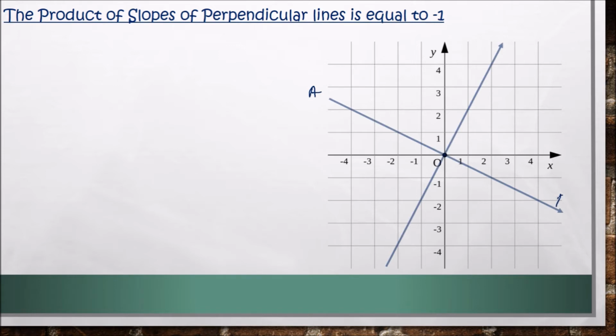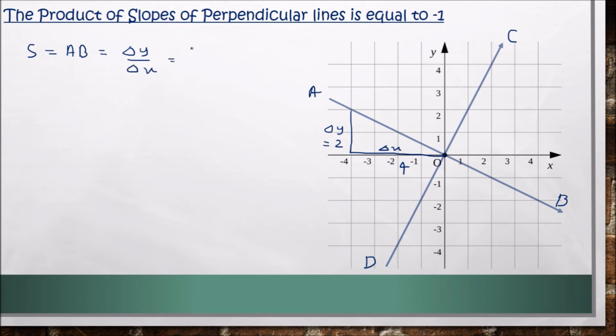So our line AB and our line CD. The slope of line AB will be change in y divided by change in x, where change in y is 2 and change in x is 4. So let's find out the slope of line AB. The slope of line AB will be change in y divided by change in x.